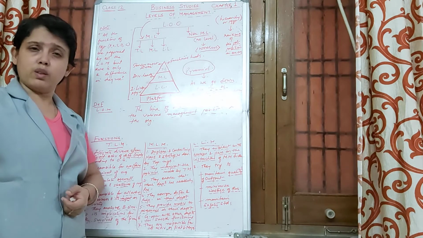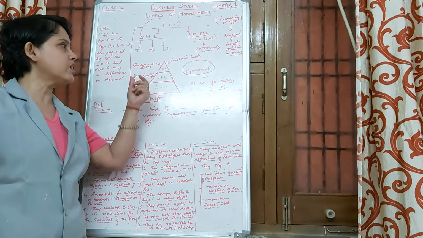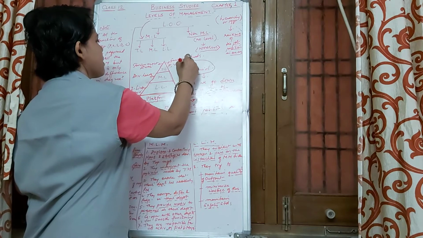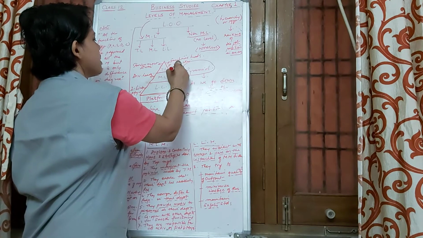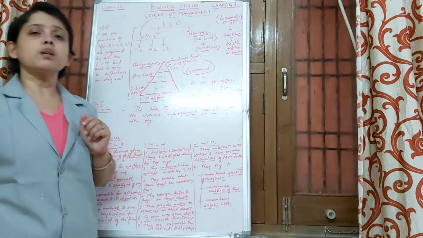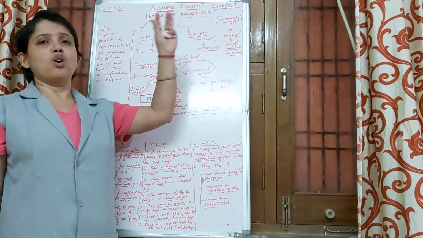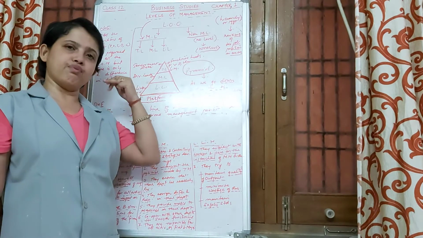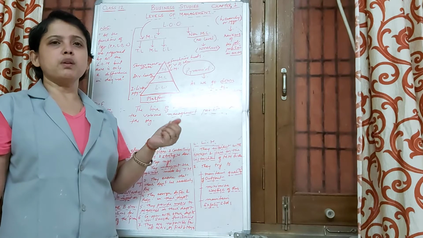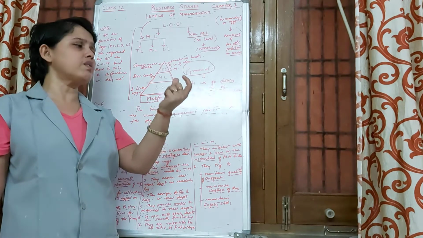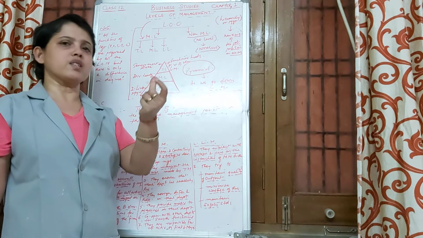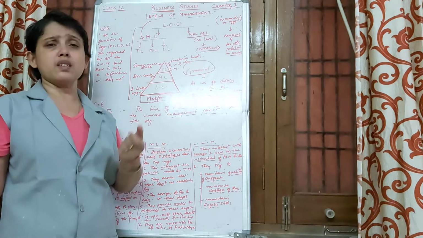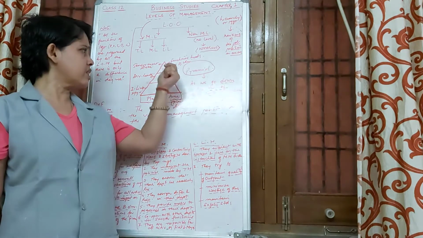They may be called the president, they may be called the vice president, they may be called the chairman, they may be called the GM, or they may be called chief of any department. It may be chief marketing officer, it may be chief accounts officer, it may be chief operating officer. Whenever the word chief to any functions or departments is added, it comes in the senior most position of the organization in the top level management.